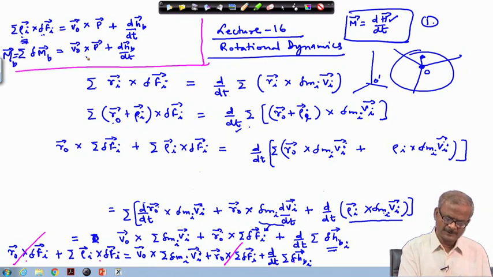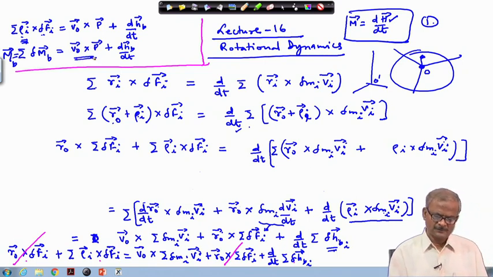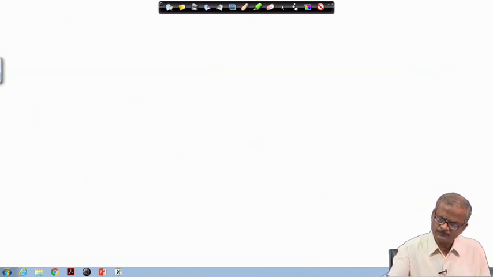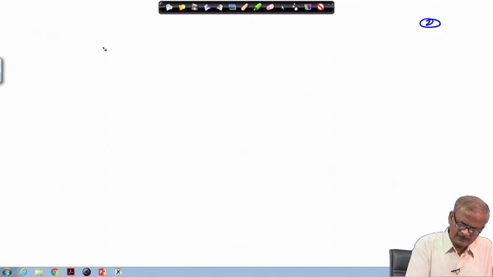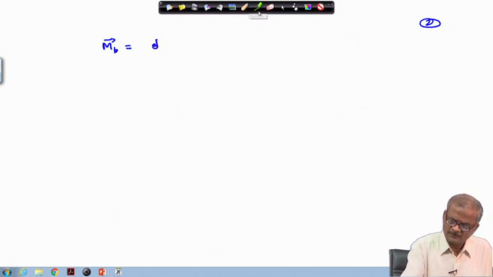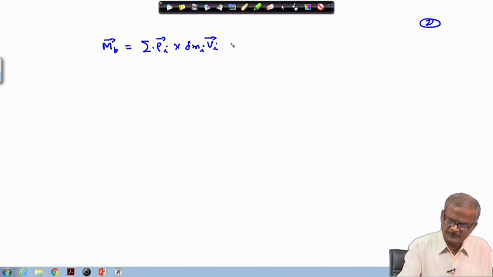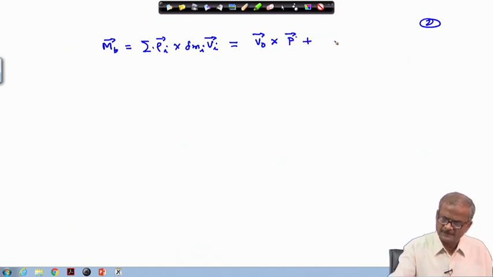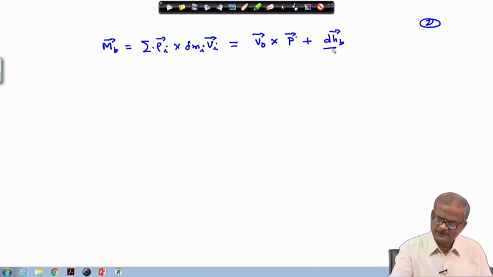but something more we can expand and have a look into. So, we have next: what we have got, this is m b equal to summation of rho I cross delta m I times V I. This is nothing but equal to V 0 cross p, which is the linear momentum of the body, plus d h b by d t.